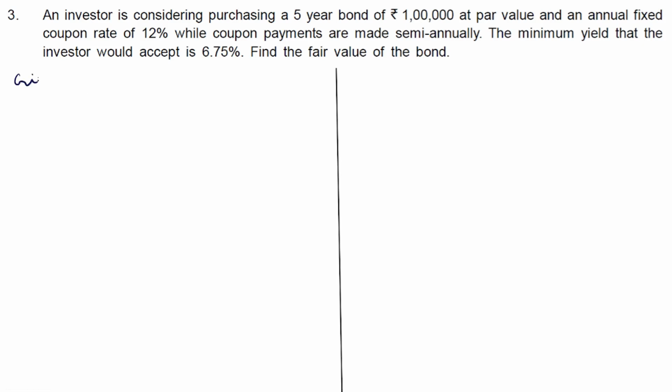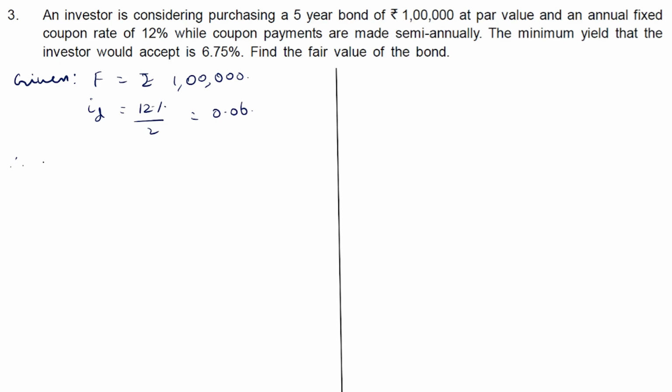So first let us write what is given. The face value is rupees 1 lakh, and then the nominal interest rate ID. Here the coupon payments are made semi-annually, so the rate per period will be 12% upon 2, it is 0.06.